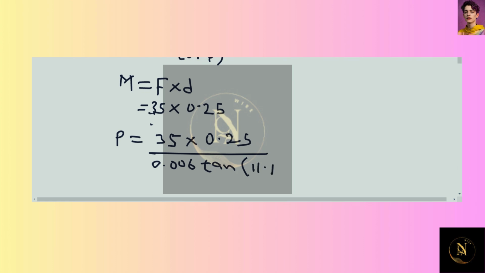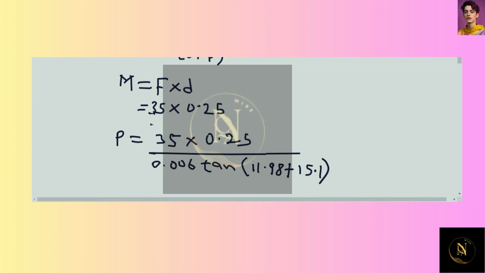P is equal to 35 times 0.25 over 0.006 tan of 11.98 plus 15.1.